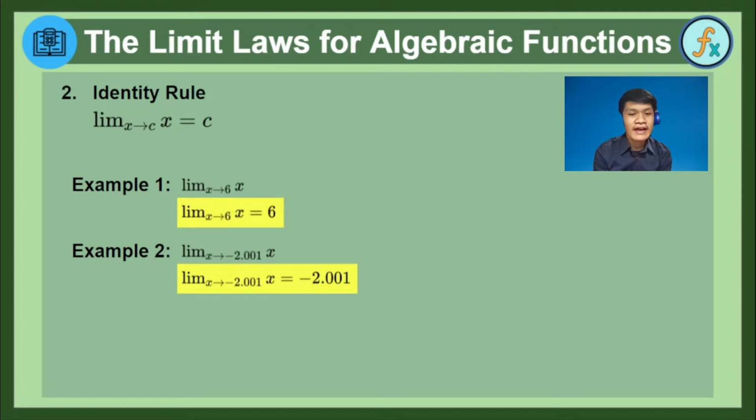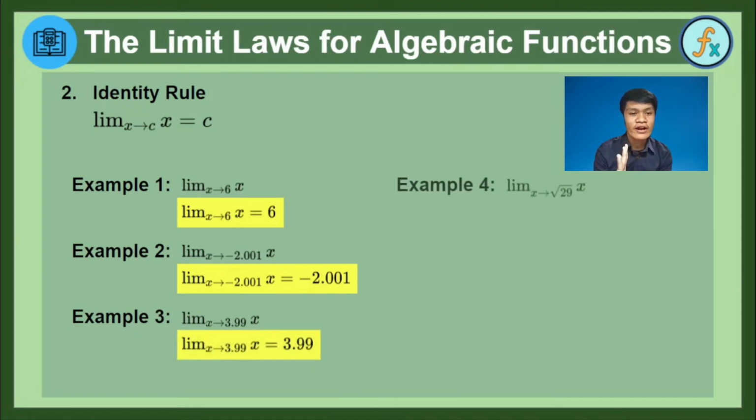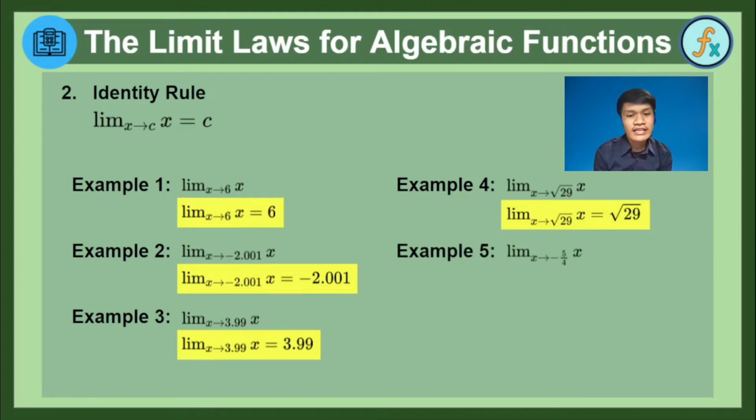Example number 3. Find the limit of x as x approaches 3.99. The answer is 3.99. Example number 4. Solve the limit of x as x approaches square root of 29. The answer is square root of 29. Example number 5. Calculate the limit of x as x approaches negative 5 over 4.